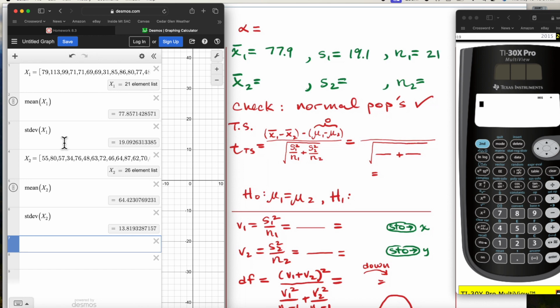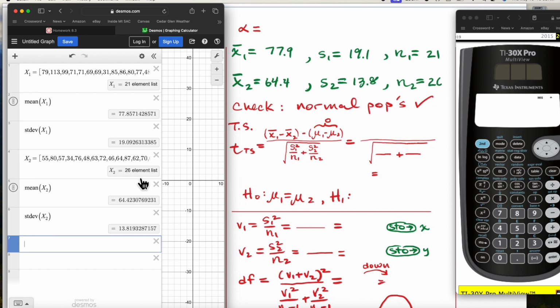Now in the second sample here, the mean was 64.4. Standard deviation down here, we'll say 13.8. And the sample size was 26.